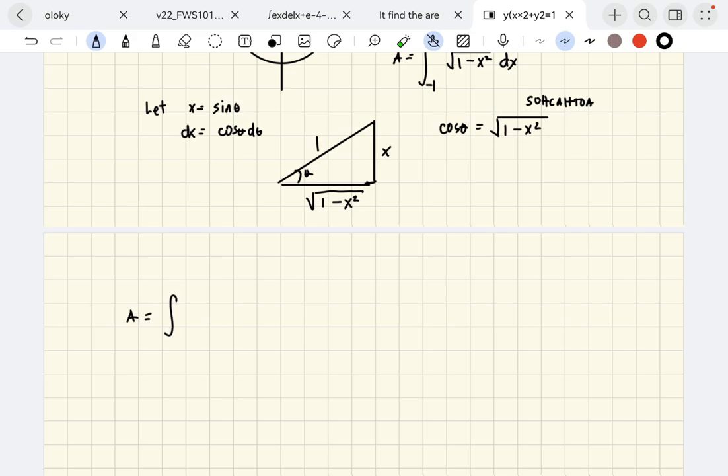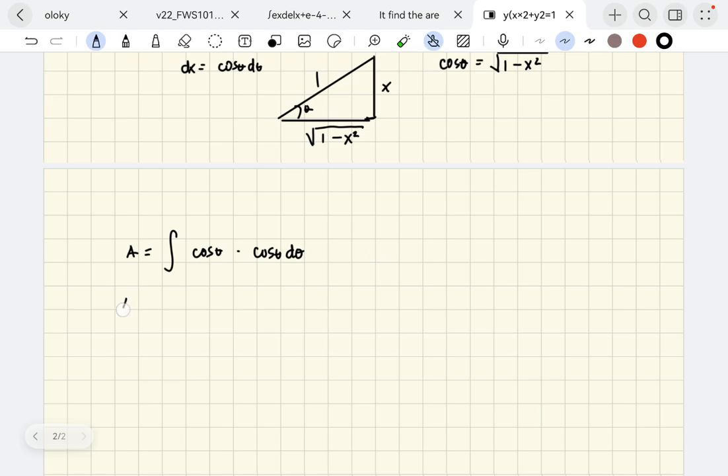So this would become cosine theta times cosine theta d theta, which is cosine squared theta d theta. To integrate that, we can use the power reducing formula, and so this would become 1/2 plus 1/2 cosine 2 theta d theta.